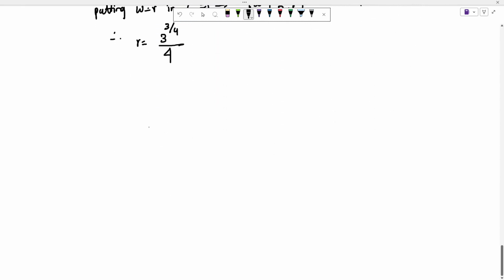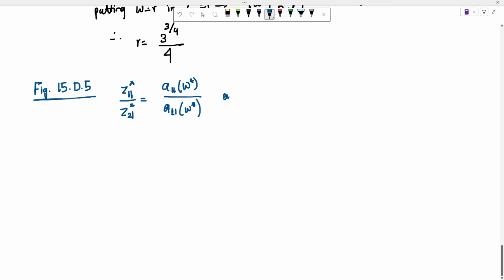To do that, we would have to use this relationship, and in MGW this particular relationship is given by figure 15.D.5. Here what we have is that Z11 star by Z21 star should be equal to the ratio of unit factor demand, and Z12 star by Z22 star should be equal to A12 of this and A22 star of this.